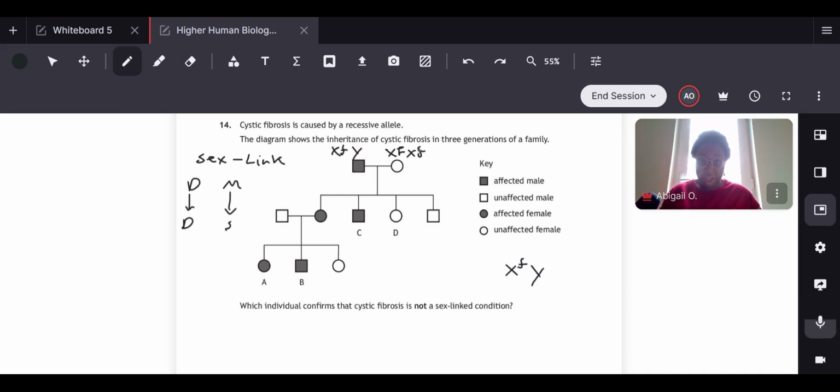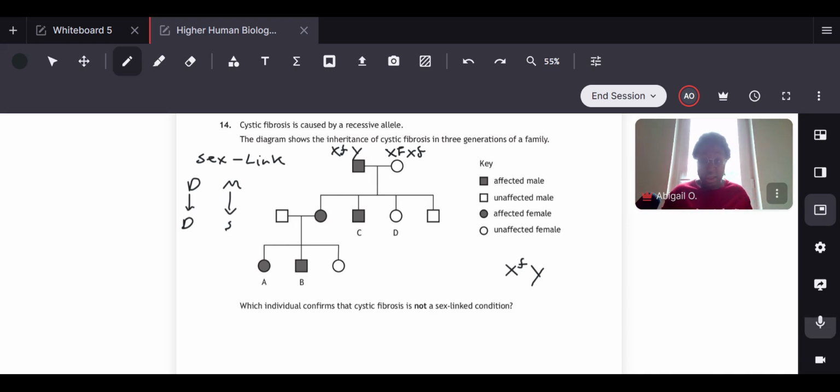So the recessive alleles here, recessive alleles here. So we know that fathers pass it on to daughters, mothers pass on to sons. So it still could be potentially that the mother might pass it on to the son. So C could be the answer if you think about it without looking at the next generation.